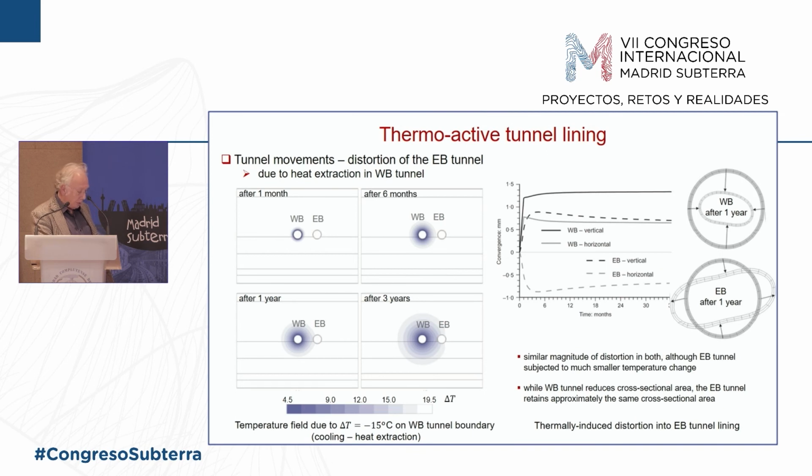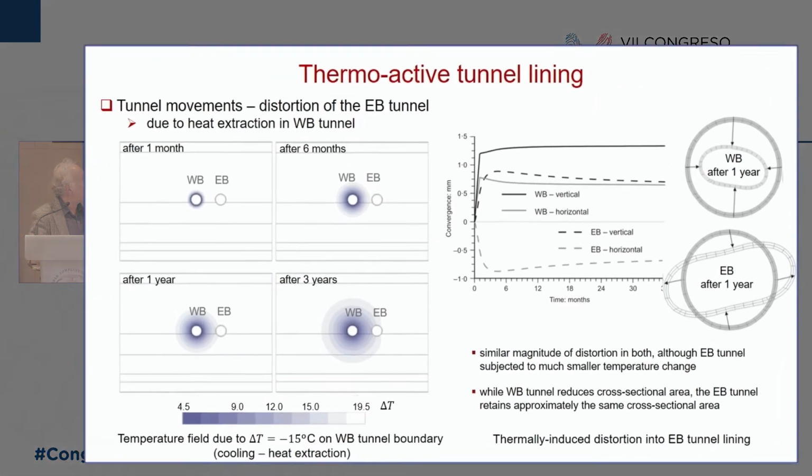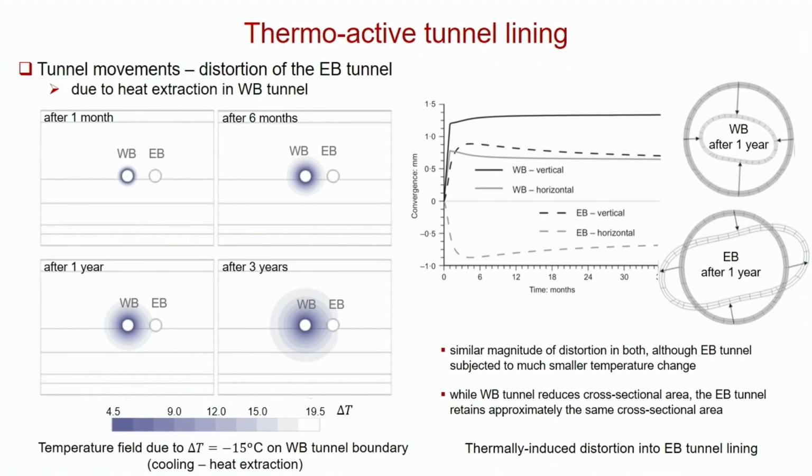If we then look at the eastbound tunnel and superimpose it, the movements are less, but they're still substantial. And yet, the cooling front hasn't reached it. This is cooling, the soil is shrinking, it's causing this shape to the tunnel over here.